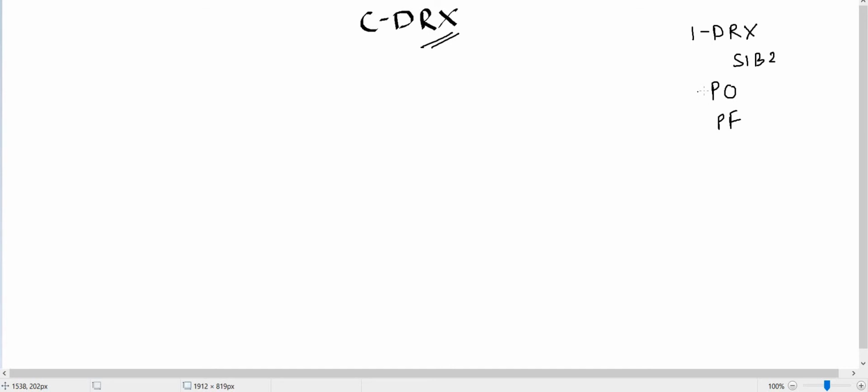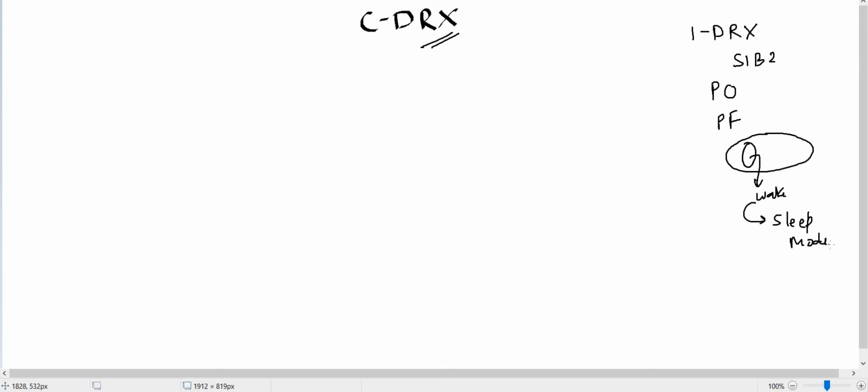With the help of paging occasion and paging frame, the UE will wake up in a particular radio frame, and in that radio frame there will be a particular subframe in which the UE is going to wake up. The UE will decode the PDCCH, and if some data is there it will receive that data, and for the rest of the radio frame it will go back to sleep mode.